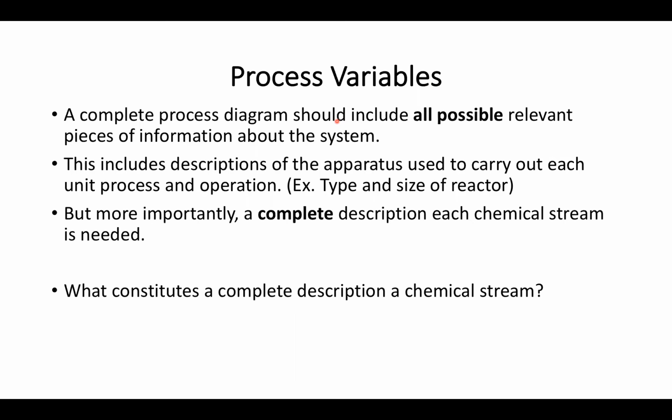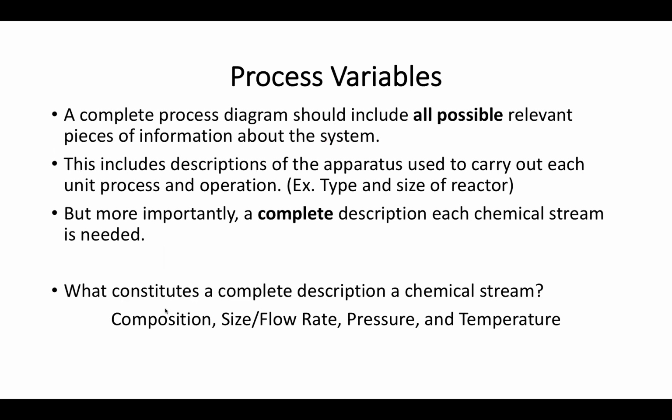We can do this by essentially going back to our general and physical chemistry and thinking about what variables are going to be required for a complete description of a system. Since most of these are a mixture, that means we need to include the composition of the system, the size, which is going to be a volume, or flow, if it's a rate.